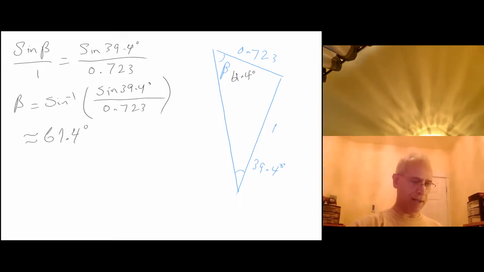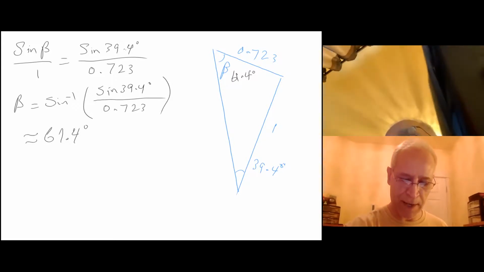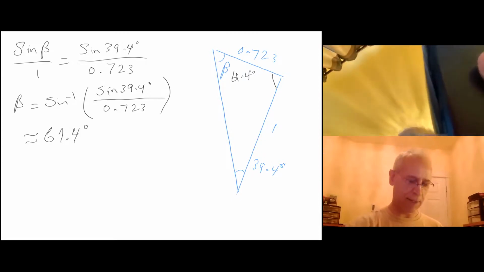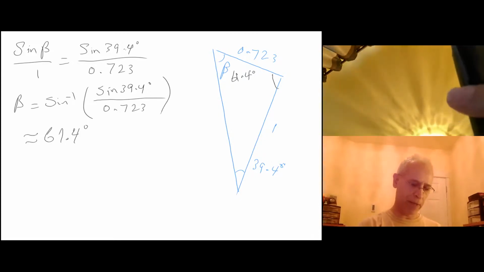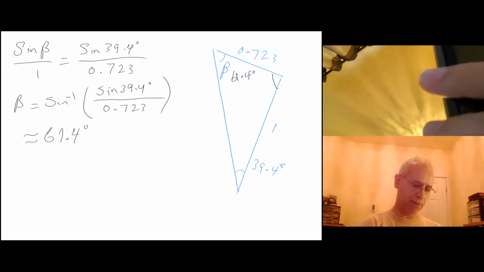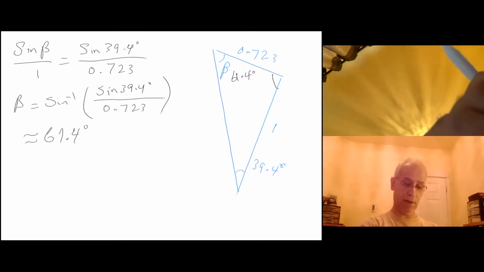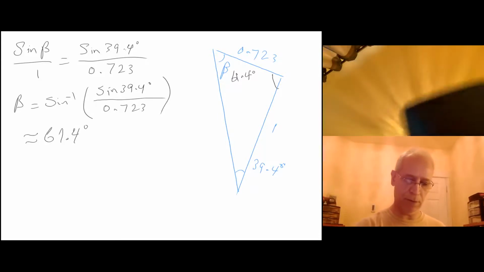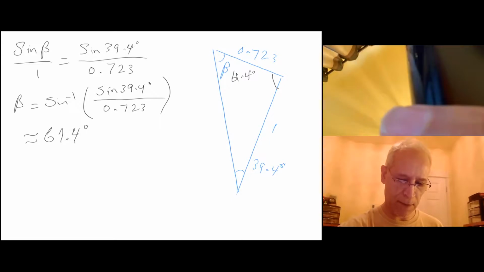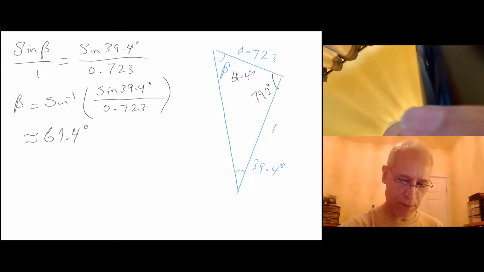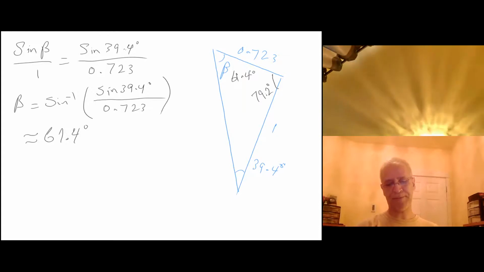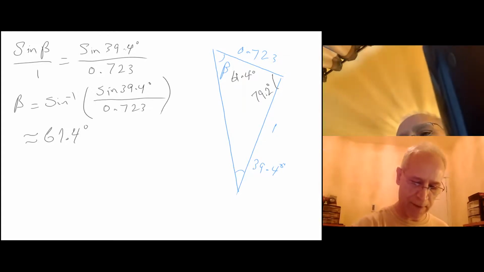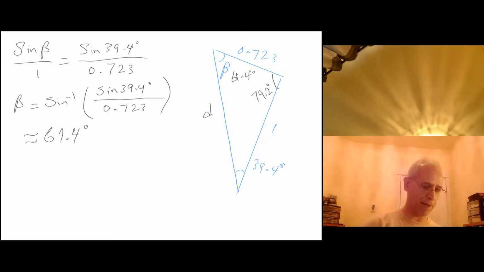If that's the case, what is the third angle here? I can say 180 subtract 61.4 minus 39.4, and that gives me 79.2 degrees. Remember that I'm going to find this distance right here.